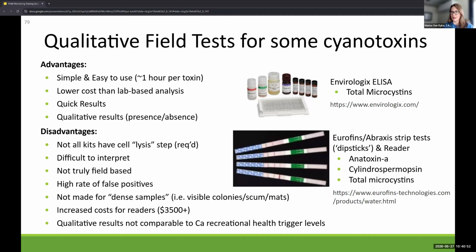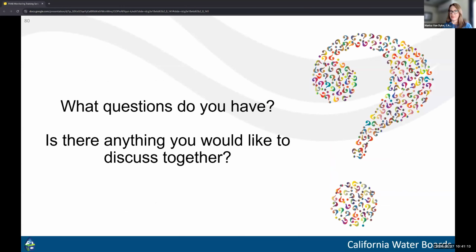Some programs have been able to successfully integrate them into their low resource tier to then trigger additional analyses. The FHAB program, we don't use them ourselves because of the health advisory levels that we're comparing our results to for event-based monitoring. But again, depending on your goals, these may suit you well.